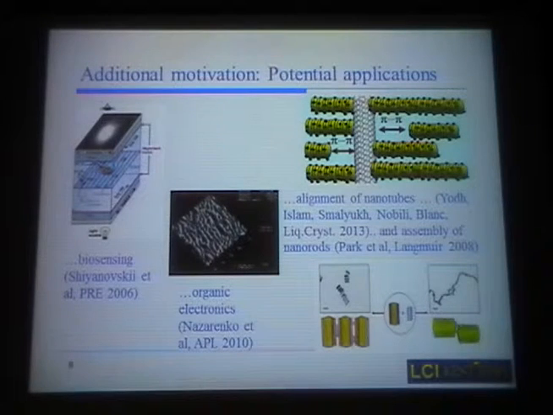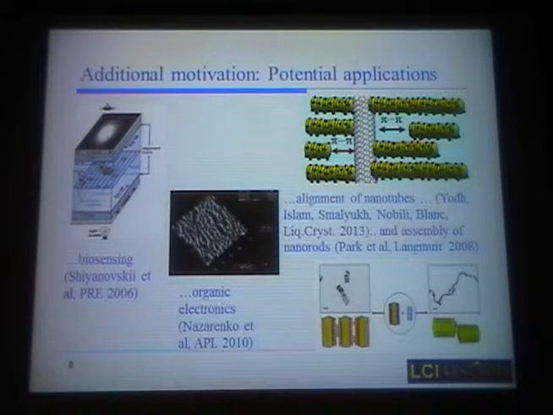It doesn't kill the biological cells when you throw them in the environment. So we thought that one of the applications, and I will talk about just this application in a moment, might be the biosensing application.